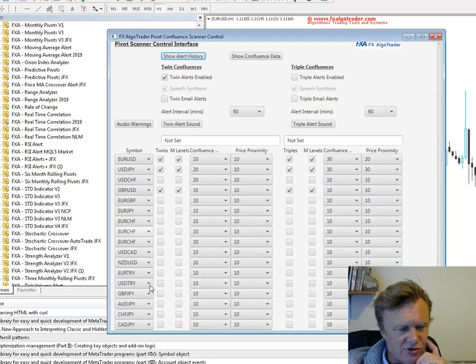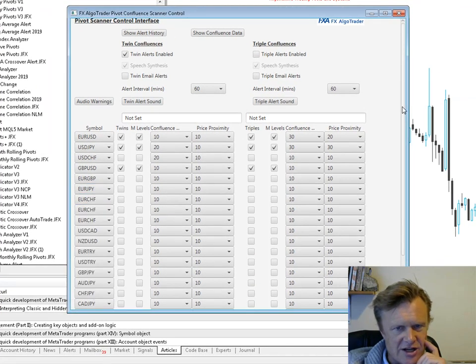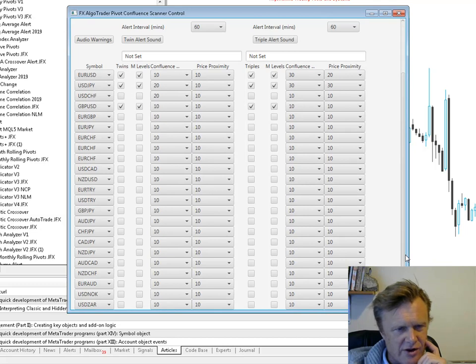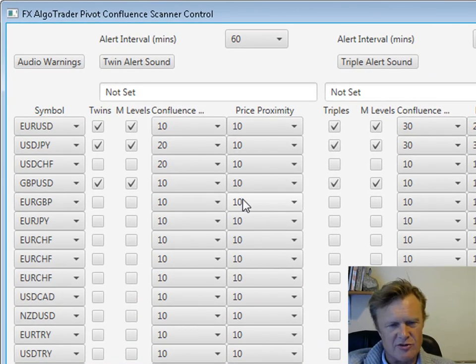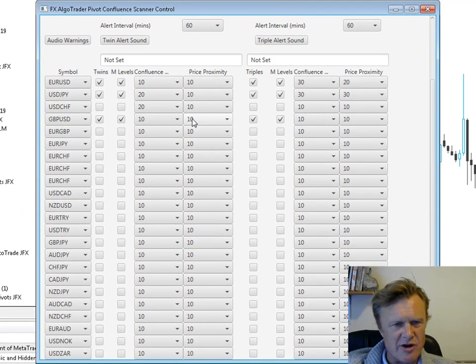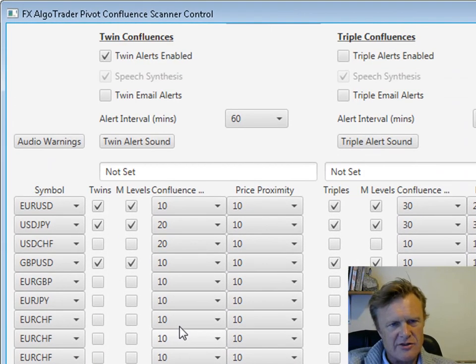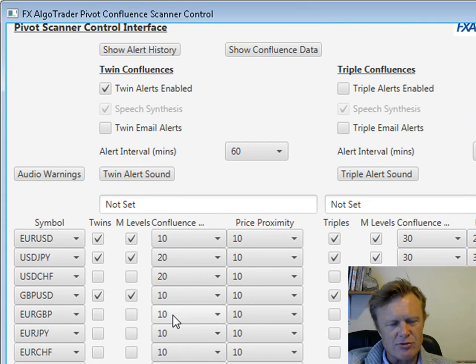You can change which pairs you've got on your list here. I think there are about 20 active pairs which you can monitor at the same time. Obviously the more pairs you monitor, the more system resource you're going to use, so bear that in mind. There's no point in throwing the kitchen sink at it, because it will just run more slowly. And ultimately that's really about it.